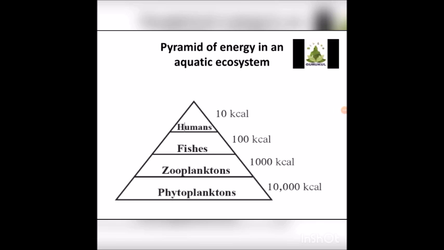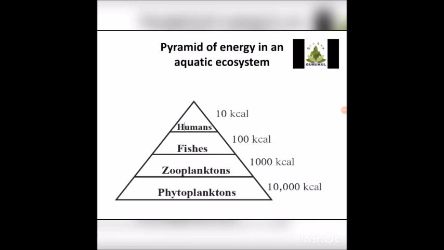Now, when the zooplanktons, which we can also call herbivores, feed on the phytoplankton, the energy they get is 1000 kilocalories. Okay, means there is a loss of 10% of energy from one level to another level.